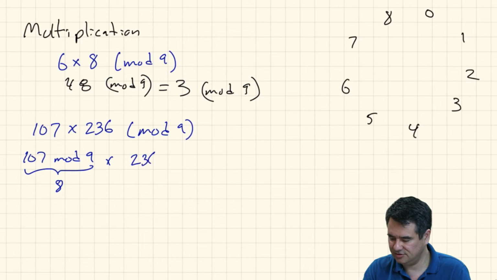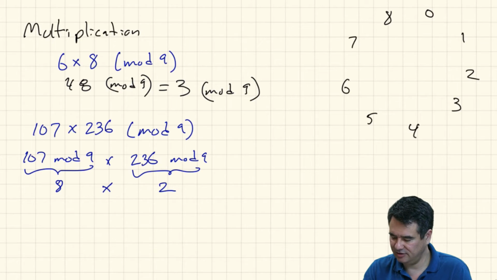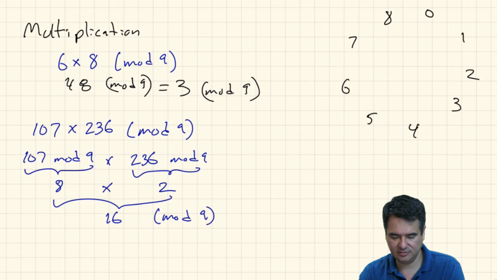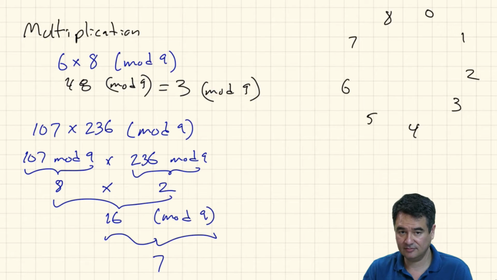And 236 mod 9, we know that's already 2. So you multiply those together and you get 16 mod 9, which is 7. Okay, so the whole thing comes out to be 7.